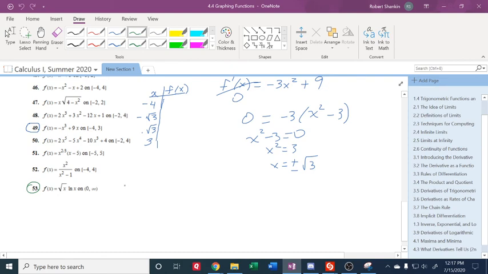So f prime of x is equal to the first times the derivative of the second, plus the second times the derivative of the first.